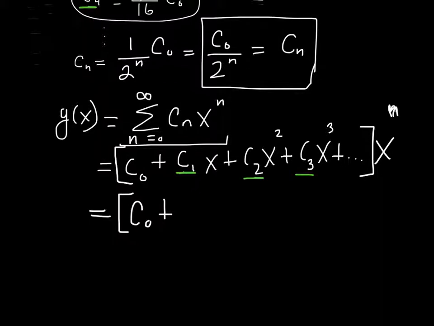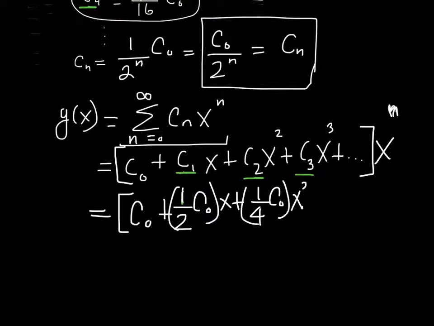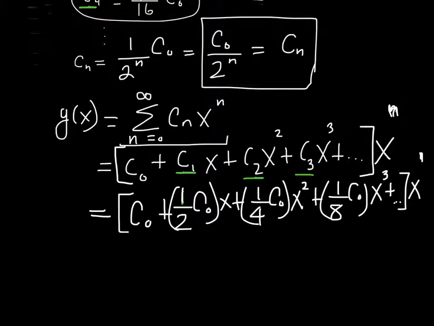C1 was half of C0, x, plus C2, which was 1/4, or 1 over 2 squared, C naught, x squared, plus C3, which was from above, 1/8 C naught, or 1 over 2 cubed, x to the third, plus dot dot dot, x to the n.